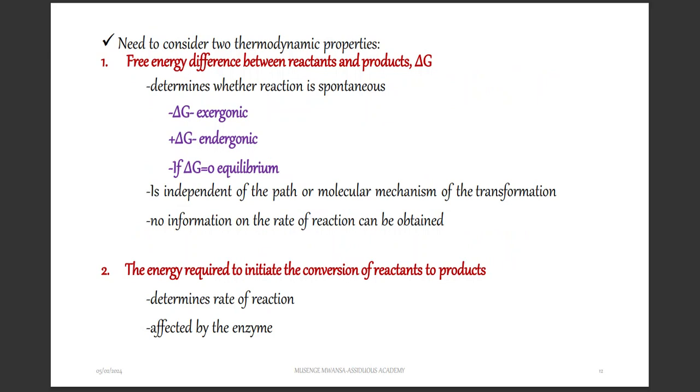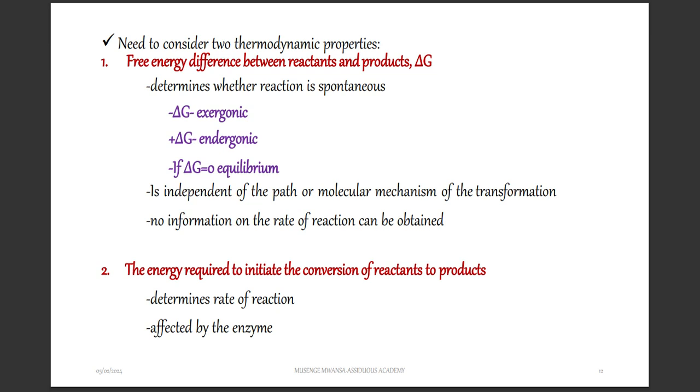So some thermodynamics that you have to consider for the energy difference between reactants and products, that's delta G. If you find delta G and your delta G is negative, that should tell you that your reaction is exergonic, meaning that in this reaction you are actually releasing energy.